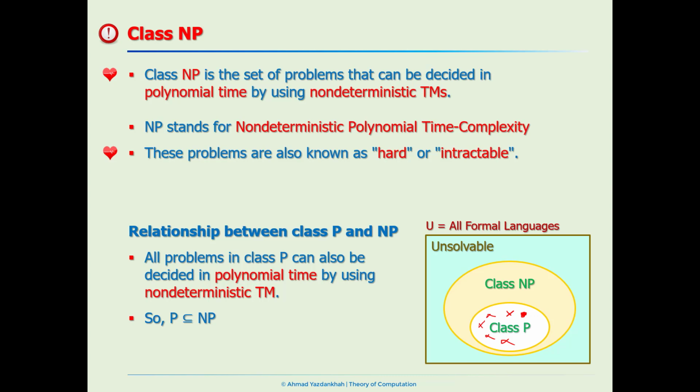But if we have a problem here, it can be solved by a non-deterministic Turing machine in polynomial time, but if we want to use a deterministic Turing machine for the same problem, then we need to pay exponential time like this, right? You agree that these class P problems are a subset of the NP problems. So here is the relationship that we have: P is a subset of NP.